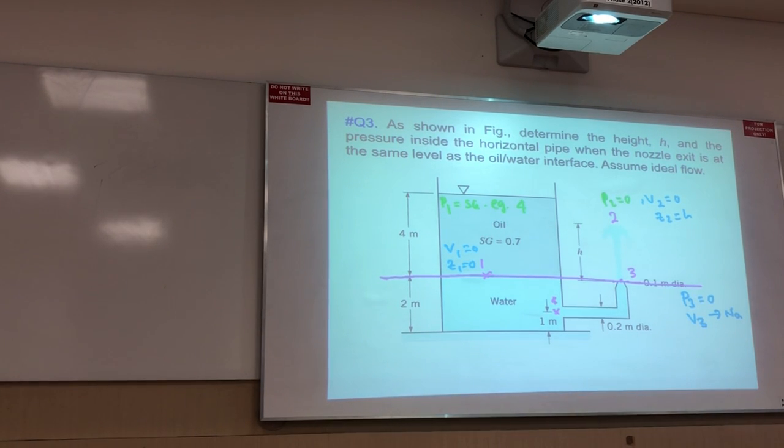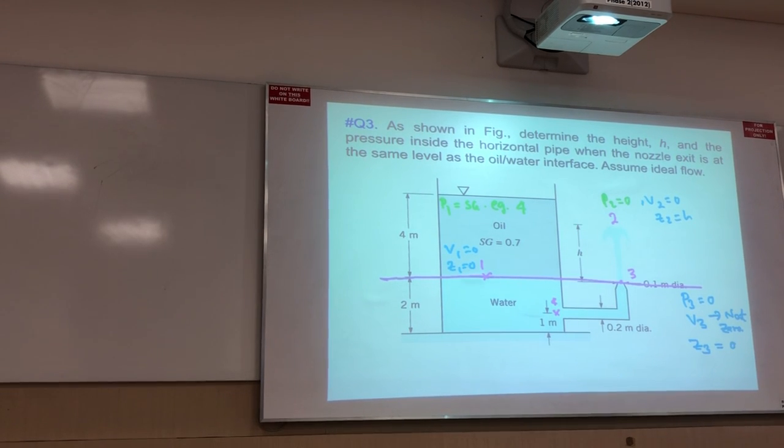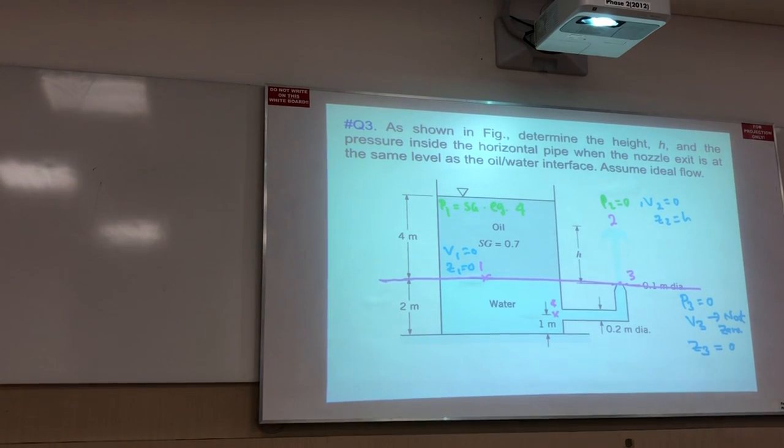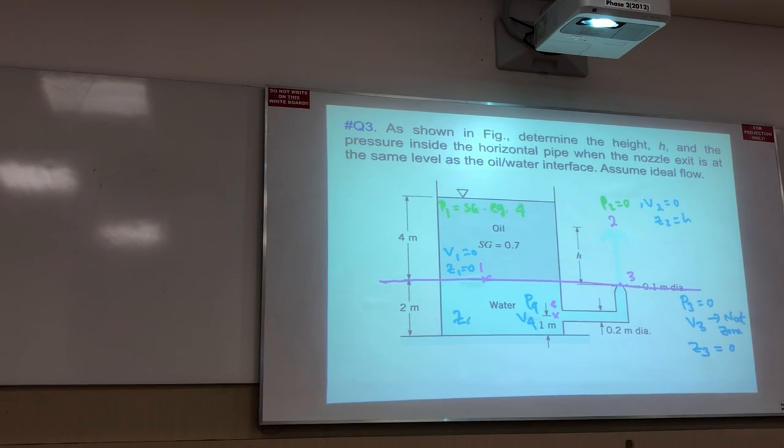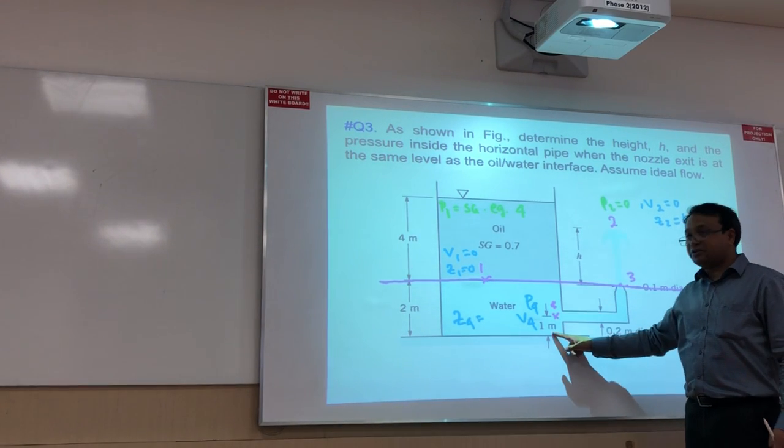This is not 0. Z3, 0. Correct. So what is P4? P4 is not 0. V4 not 0. What is Z4? The distance from here to here is 2 meters, right?